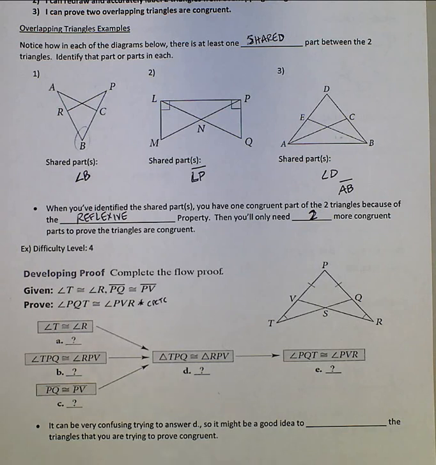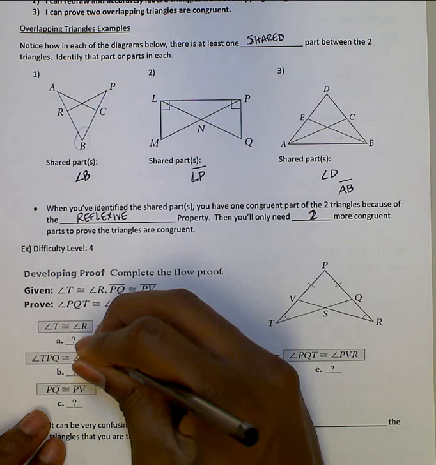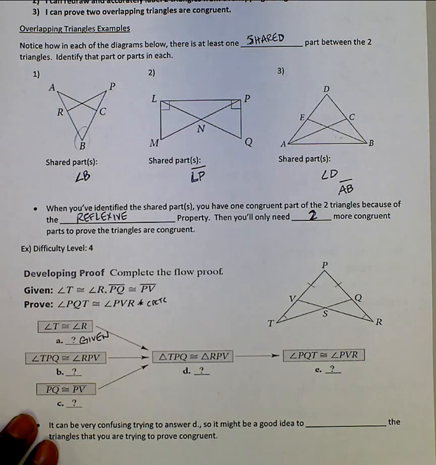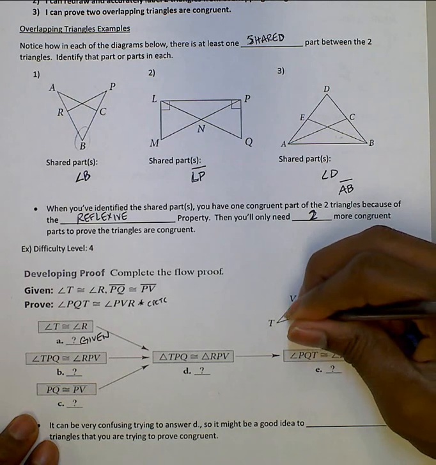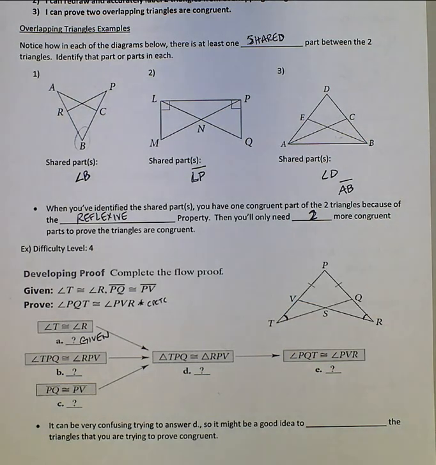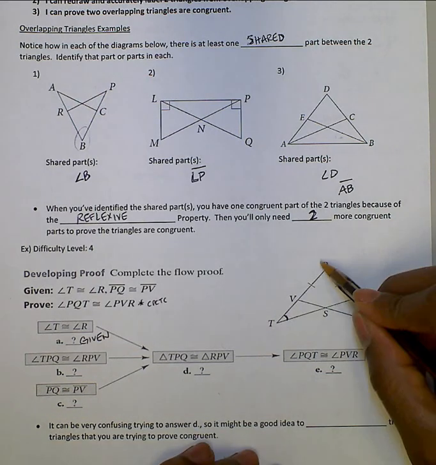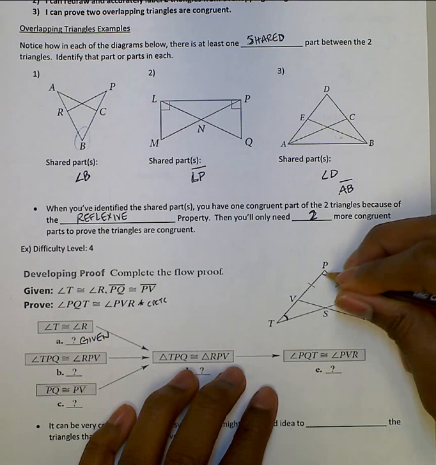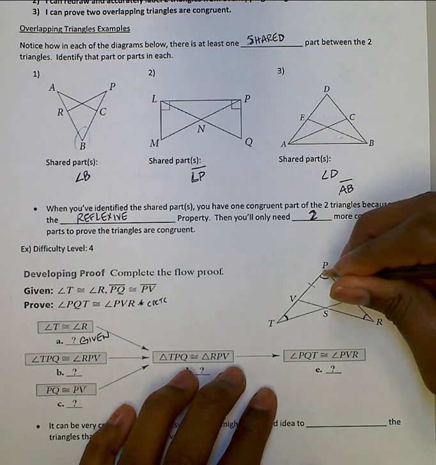Angle T is congruent to angle R. We know that because it's given. That's already marked for us. And then angle TPQ is congruent to angle RPV. Notice, even though it has a different name, TPQ is talking about this angle, and RPV is talking about the same angle.